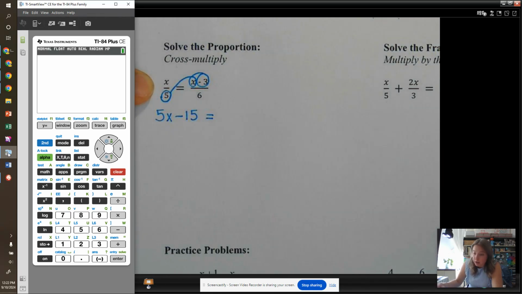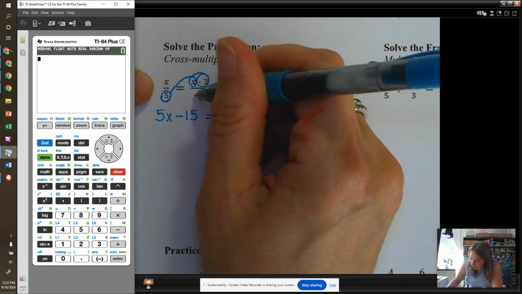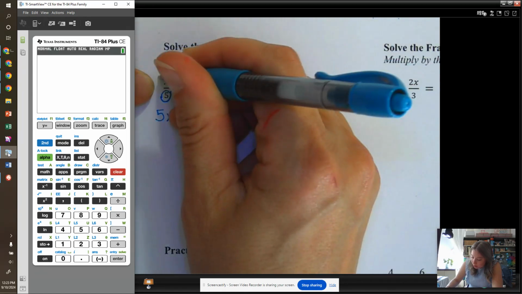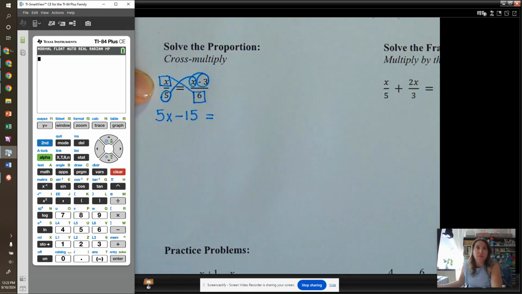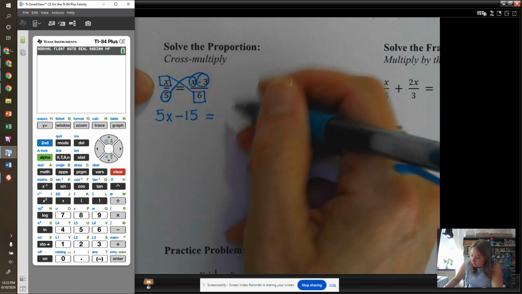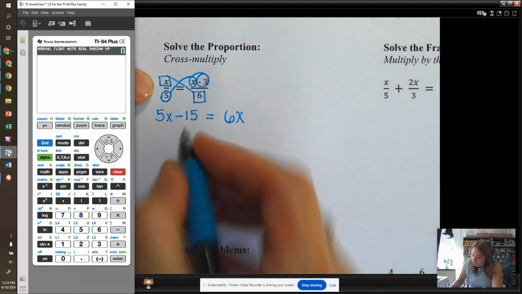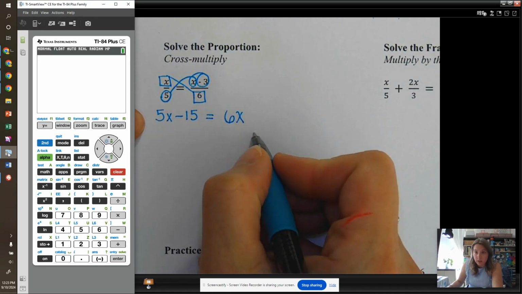Bring down your equal sign. And now we do this on the opposite side. The denominator of the second fraction multiplies by everything in the numerator of the first fraction. Cross multiplying. 6 times x is 6x. And now all we have to do is get all of our x's on one side of the equal sign.